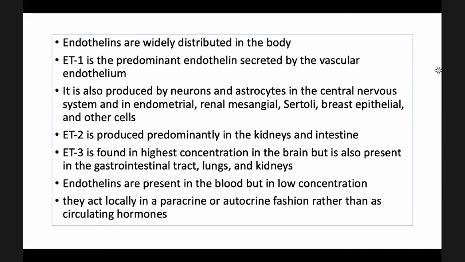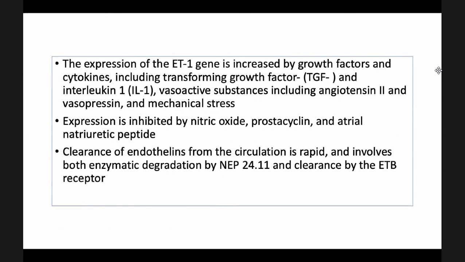ET2 is produced predominantly in the kidneys and intestine. ET3 is found in highest concentration in the brain, but it is also present in the GI tract, lungs, and kidneys. So endothelins are present in the blood, but in low concentration. So they act locally in a paracrine or autocrine fashion rather than as circulating hormones.